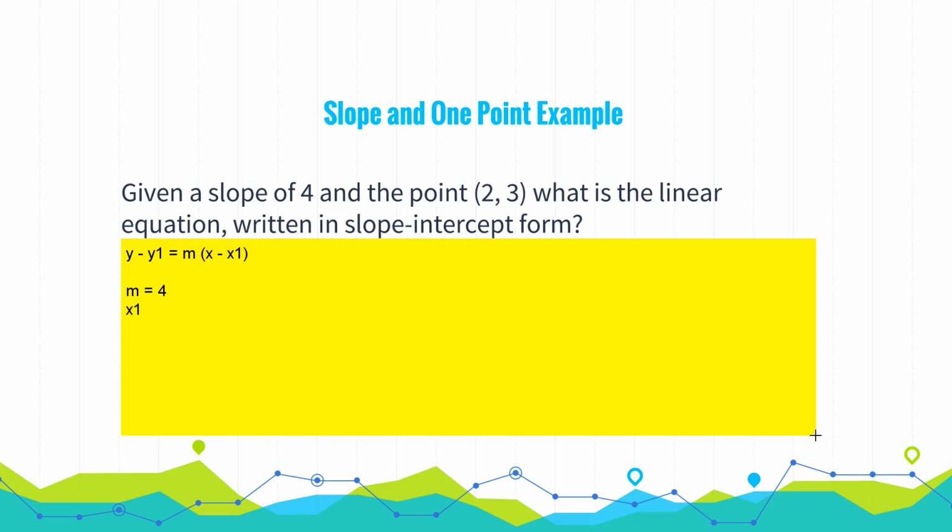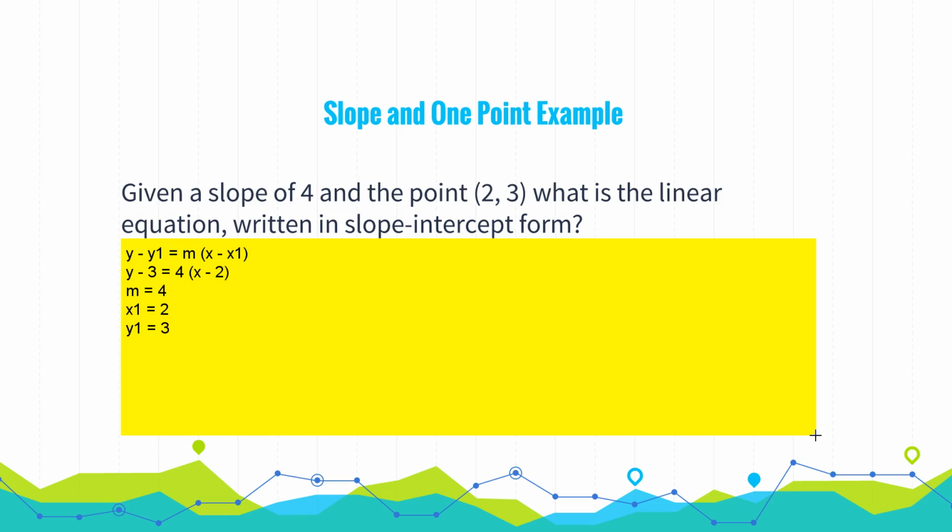We know our x1 value is 2, and our y1 value is 3. So if we plug all of these into our equation, I'm going to write directly beneath this, we get y minus 3 equals 4 times x minus 2.